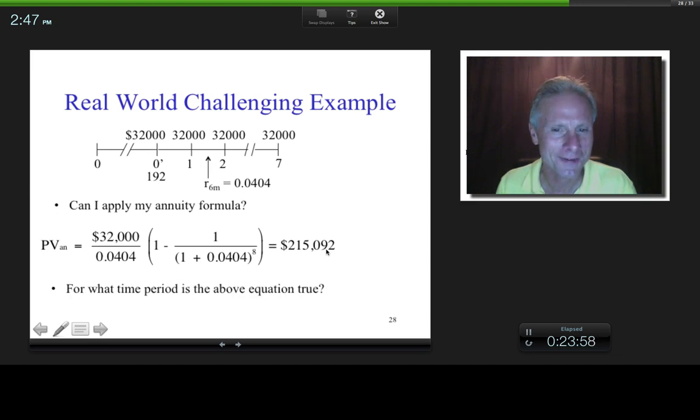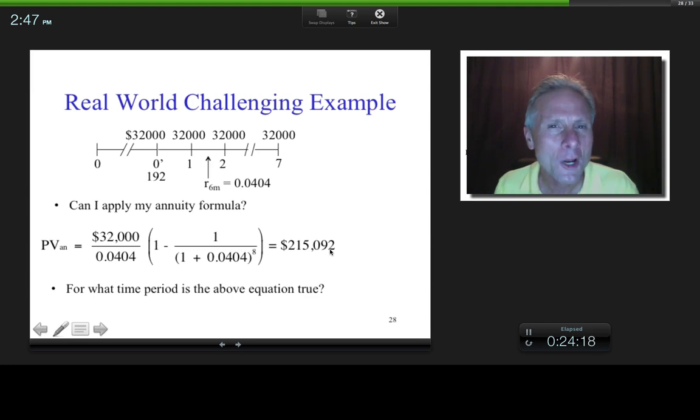So here's my question. And if you can get this question right, then I would suggest to you that you have a pretty good understanding of this annuity formula. So here's the question. For what time period, this 215,000, for what time period is it true?